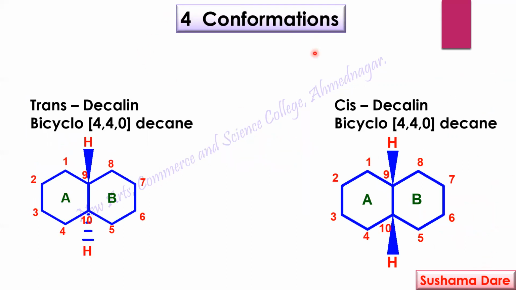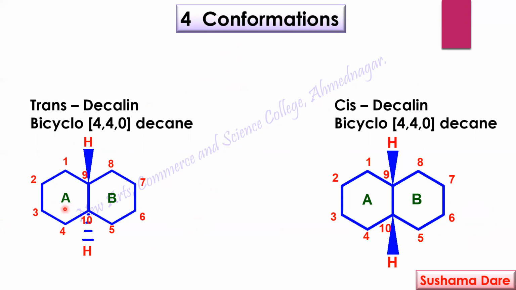Now the conformations. Just now we discussed trans-decalin, bicyclo 4.4.0 decane, and cis-decalin, bicyclo 4.4.0 decane. So there are two conformations possible for this decalin system, that is trans-decalin and cis-decalin.